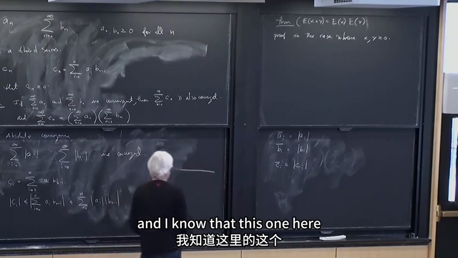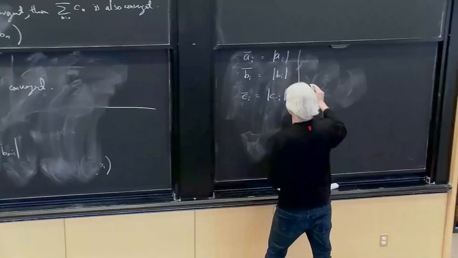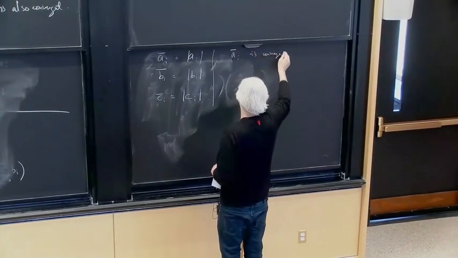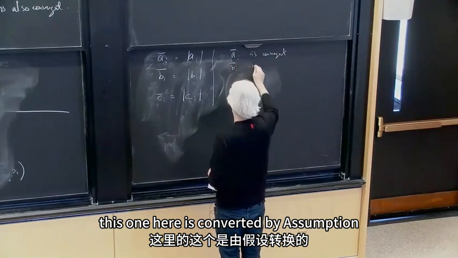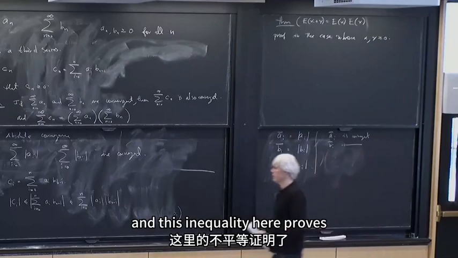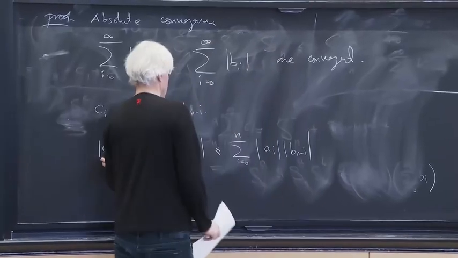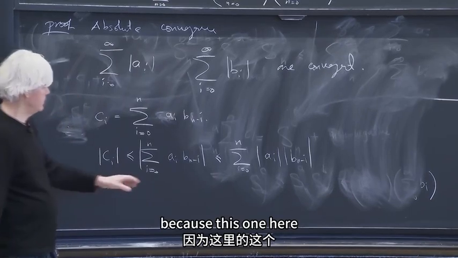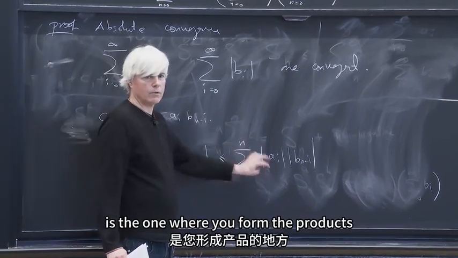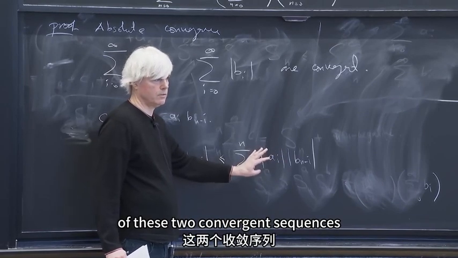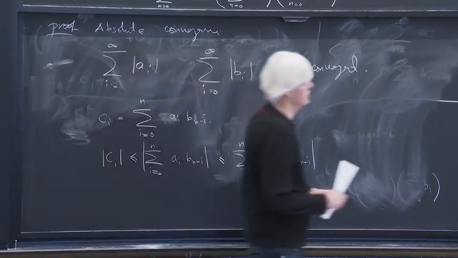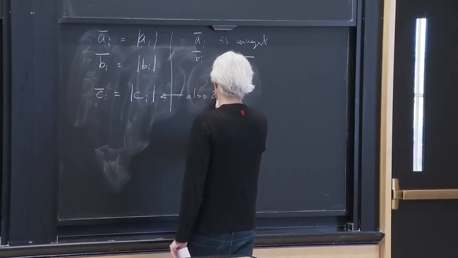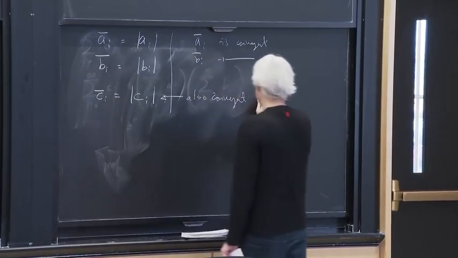I know that this one is convergent by assumption, and this one is convergent by assumption. And this inequality proves that the ci bar series is also converging, because this one is the one where you form the products of these two convergent sequences. So this here is also converging, by the theorem.